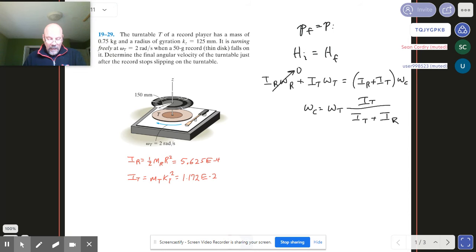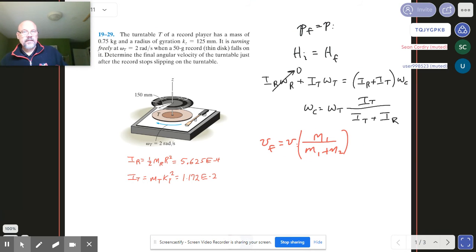Now, we're used to seeing results like that when we're doing linear stuff. A lot of times we would see something like V final is V initial times M1 over M1 plus M2. So we would get results like that all the time. What I want to show you here is that algebraically, this is exactly the same thing. So we've got one object that has no velocity, and then the other object that does.